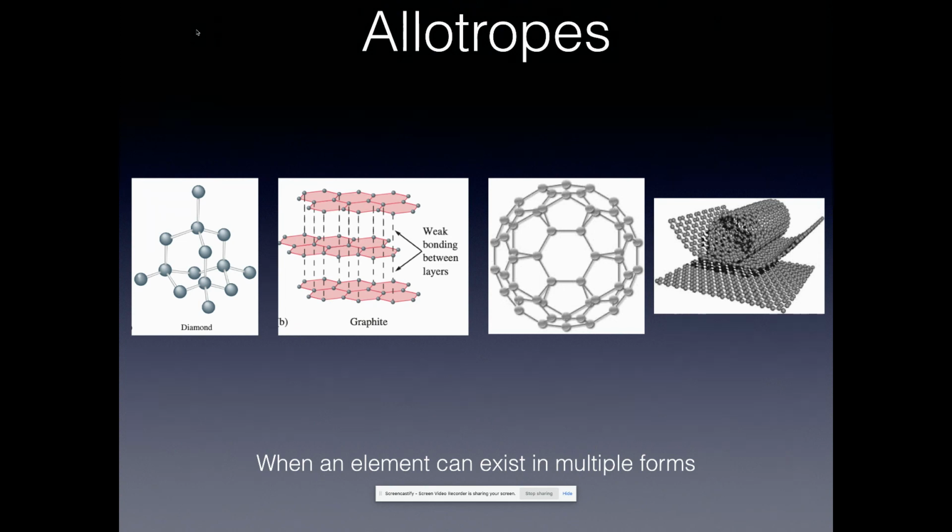Then the third one here is a buckyball, Buckminsterfullerene, C60, 60 atoms in a sphere, okay? These are wonderfully proving themselves to be of help in the medical industry. You can actually use them to encompass medications, and then they can deliver them to different parts of the body inside of these.